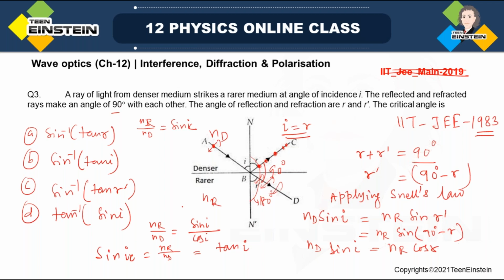Because we are treating this as the critical angle of incidence where this particular thing happens, and this is similar to total internal reflection in the geometrical optics part, or ray optics part. So sine IC is equal to tan I.